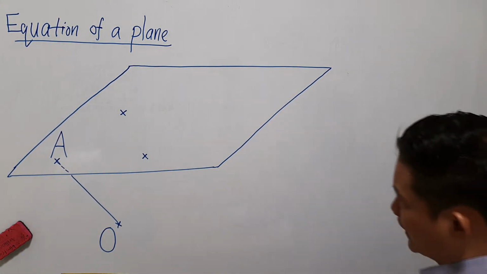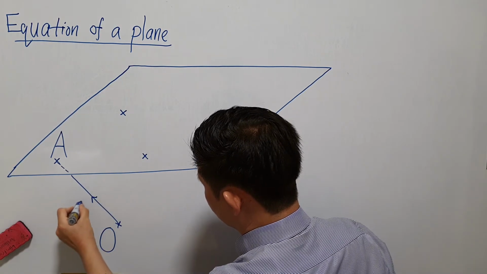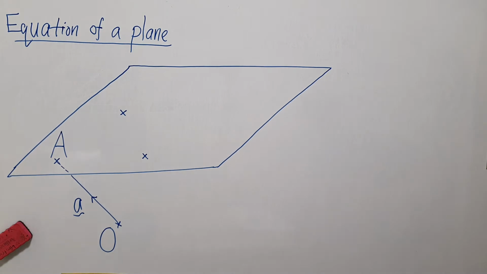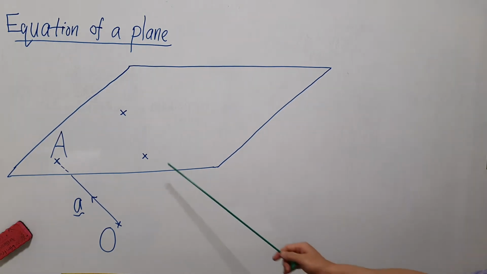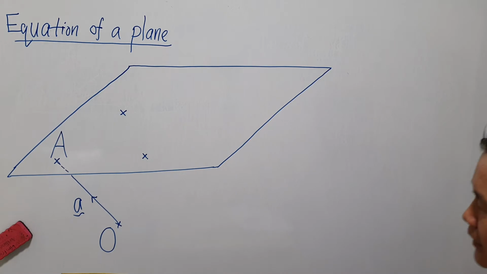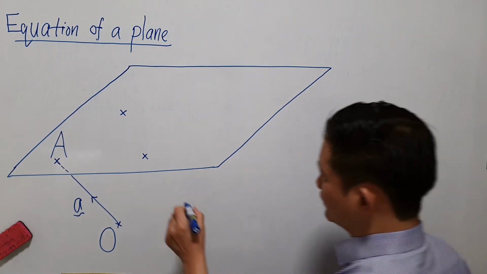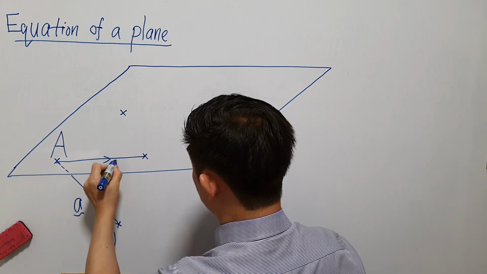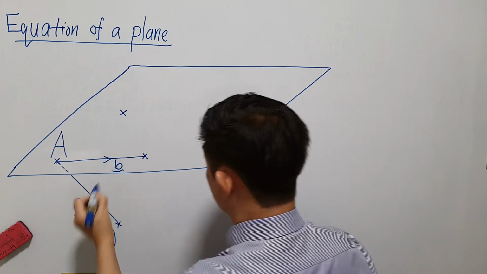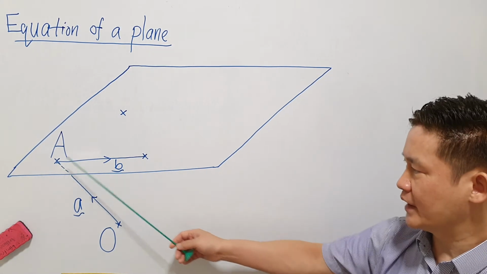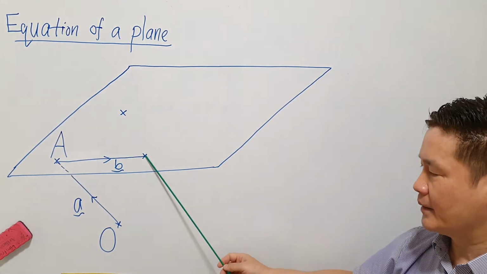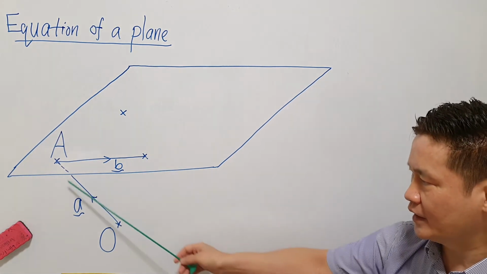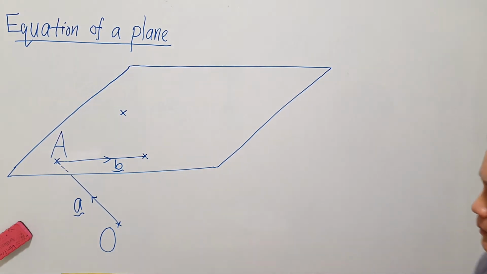Let me call this vector just A. I did not name this point, nor this point. But allow me to call this vector B. If I know these 2 points, I can always find this vector, by taking the position vector minus the other vector, I get OB.